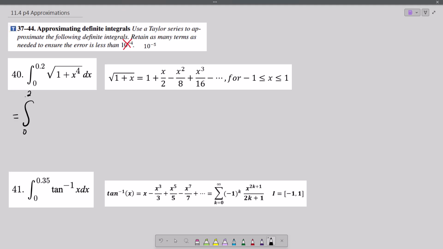The only difference is that we have to replace x with x to the 4th. So we're going to do this. And then we're going to have x to the 8th over 8. And that's a minus sign right there. And then we're going to have x to the 12 divided by 16 minus etc. dx.